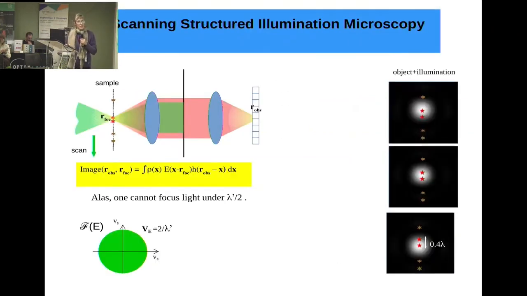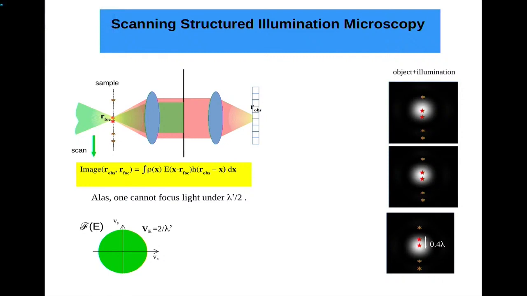Okay. So the simplest way to do structured illumination microscopy is to use a structured illumination which is a focused beam. A focused beam is a structured illumination. And its Fourier transform onto this object plane is a disk, with a frequency cutoff at best 2 over lambda prime, where lambda prime is the wavelength of illumination.